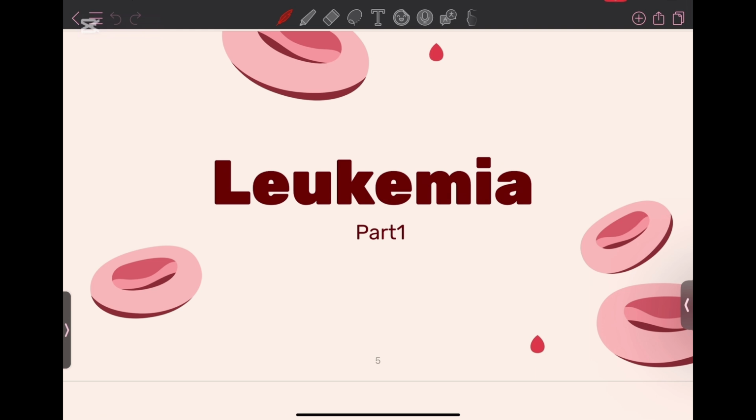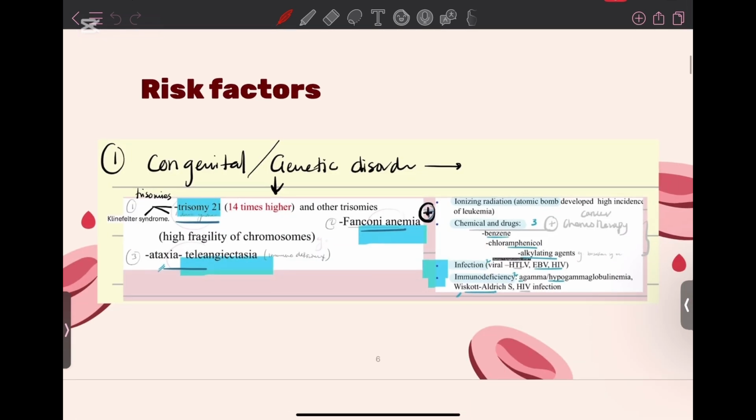Okay, starting off with leukemia. For this part, it's very important for you guys to know the risk factors of leukemia. The main risk factor is mostly congenital or genetic disorders. Most commonly here we mean trisomies, whether Down syndrome, which is trisomy 21, or any other trisomy.